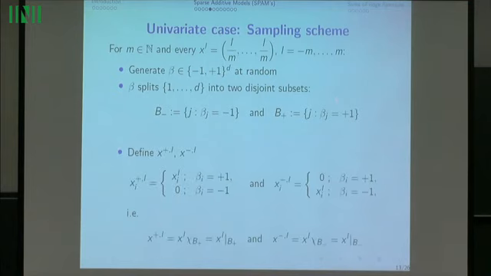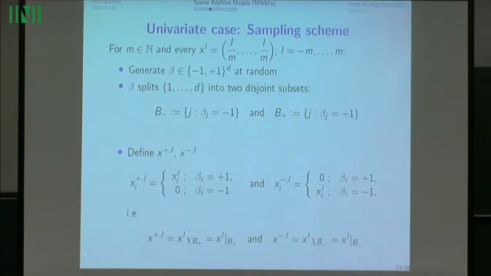And then, from every point like that, we define two other points. How does it look? So to every x_l, we define the point x plus l with the following coordinates. It's 1 if beta was 1, or the plus part; it's 0 if beta was minus 1, or the minus part. And x minus l is 0 if beta was plus 1, and it's the original x if beta was minus 1.